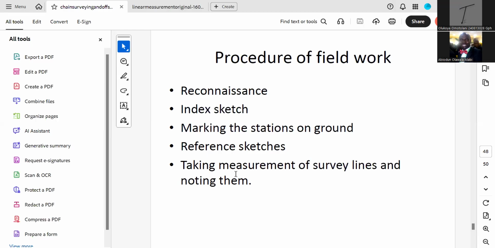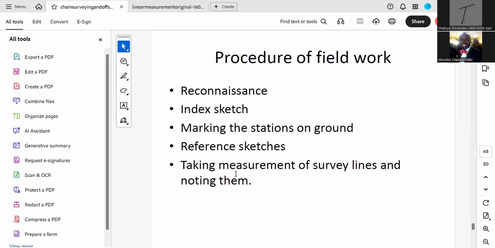So reconnaissance helps you in your preparation in carrying out the survey work. It makes you familiarize yourself with the environment. What are the do's and don'ts?